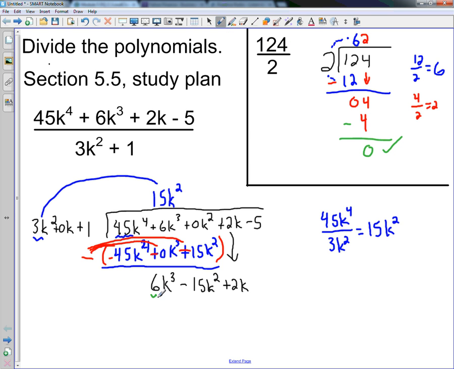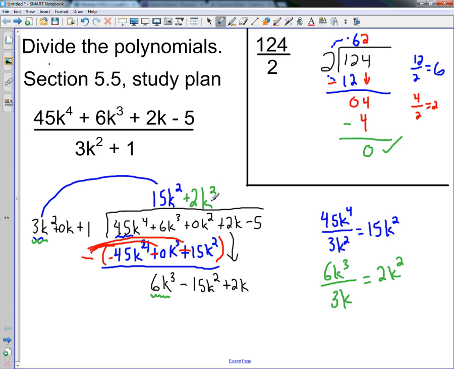So I'm going to take the 6k cubed, divide it by the 3k, and it equals 2k squared. So the 2k squared goes up here, it's positive, so plus 2k squared. And now we multiply this by all three parts.